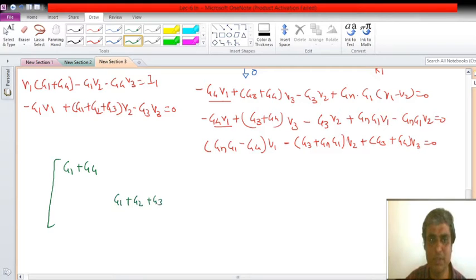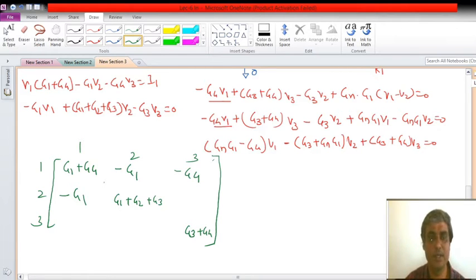First let us write the diagonal elements, and then for V3 it is G3 plus G4. Then write all the elements between the nodes. Between node 1 and 2 it is minus G1, 2 to 1 is also minus G1, between 1 and 3 it is minus G4, between 3 and 2 minus G3.